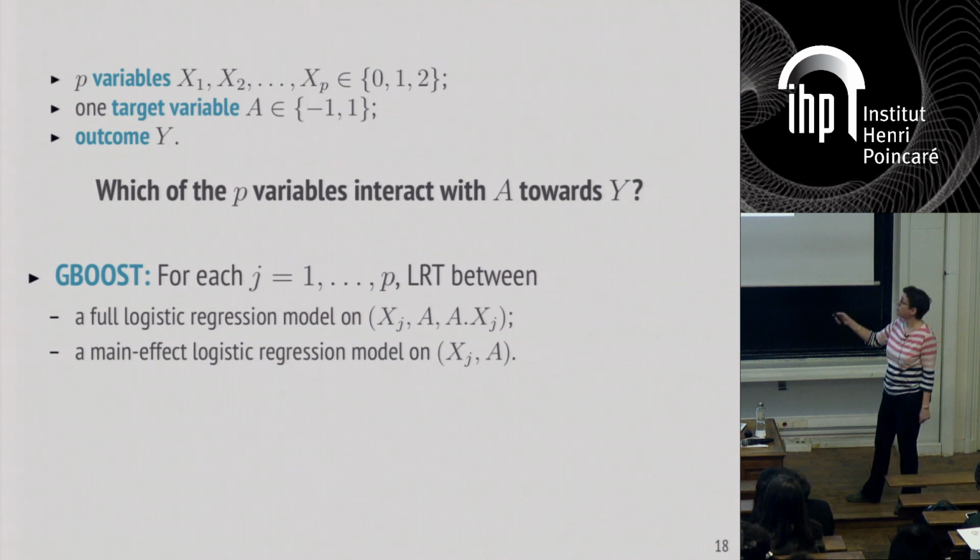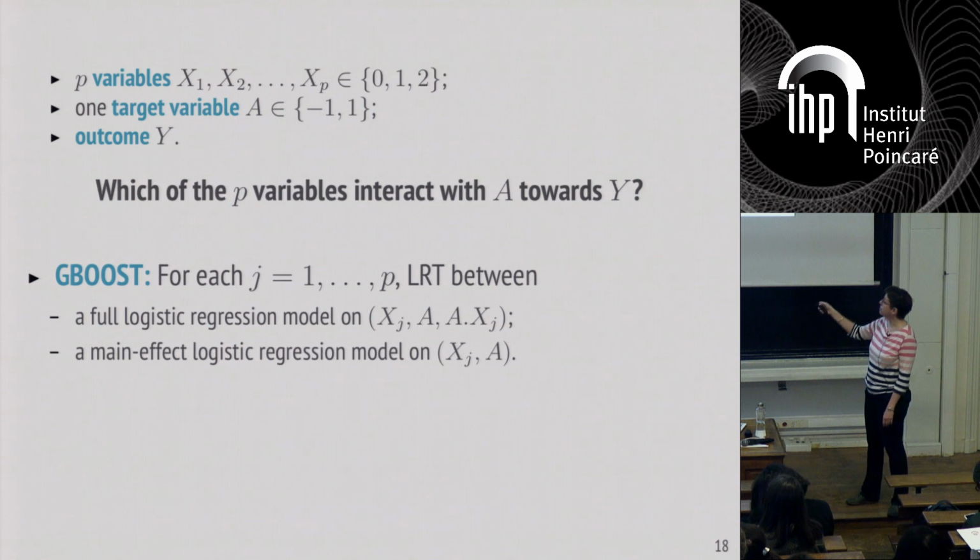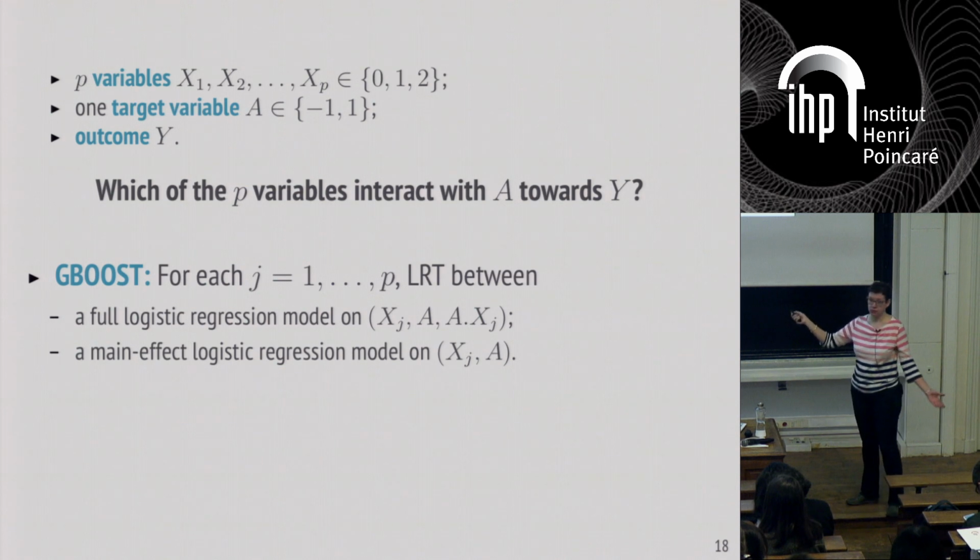We will look at all the pairs of variables xj, a. You would compare a logistic regression on xj and a, and a logistic regression on xj and a and their product. And you would do a statistical test to know whether this model explains the outcome better than this one.